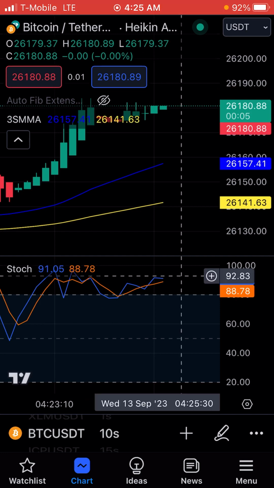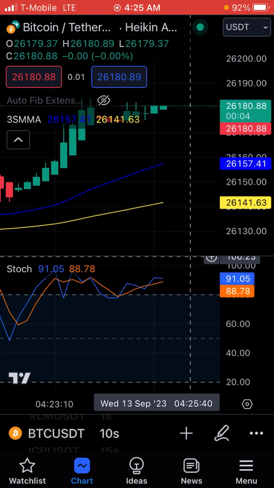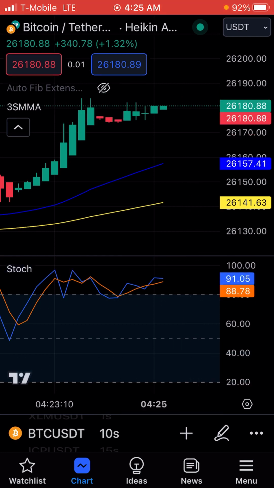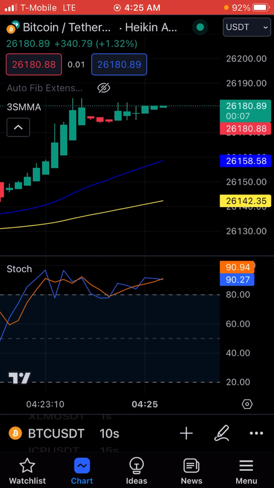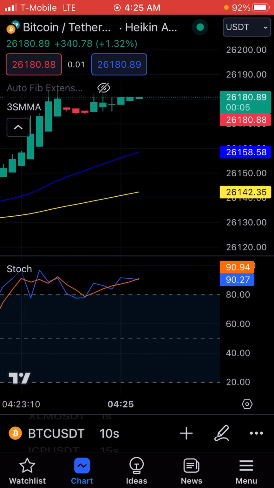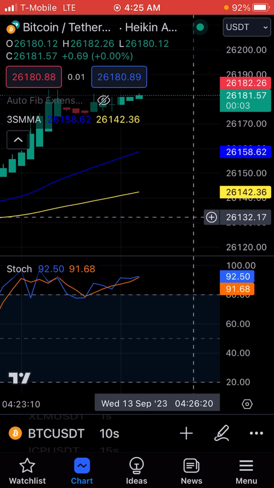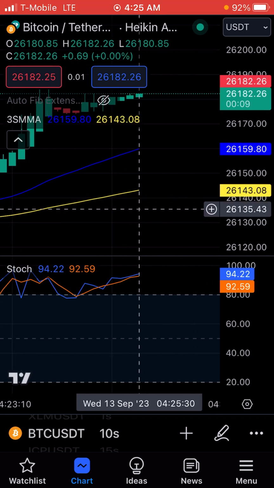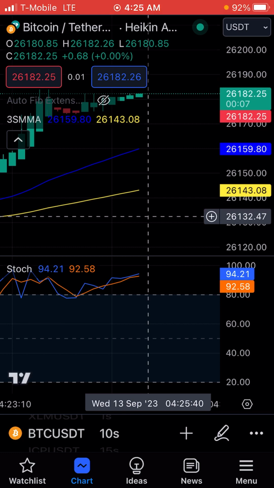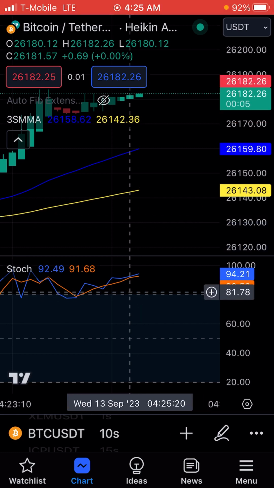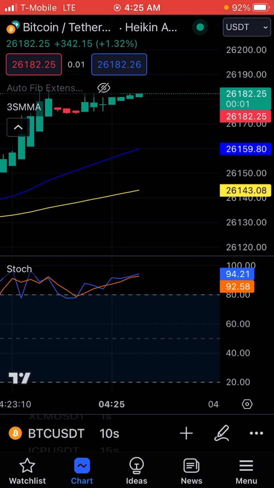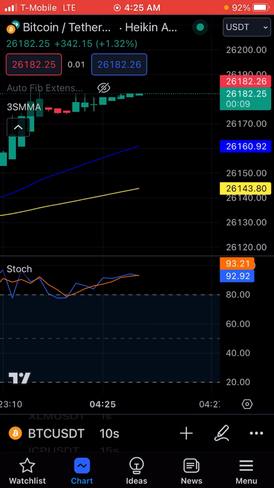You know, when it's up here at the top, or down there on the bottom. If it's down there on the bottom and it makes a snake, and you might see that in a couple seconds here with Bitcoin, the blue line has to push down, and that's a good indication that it's going to start going down. So we'll check that out.